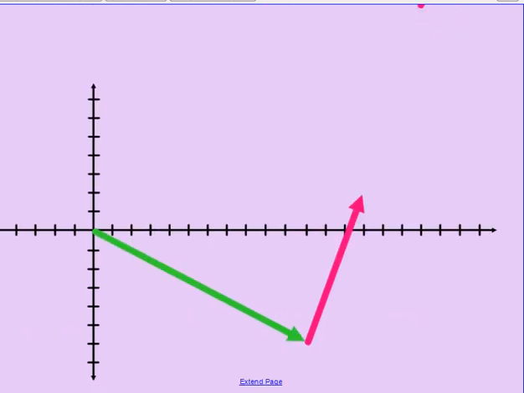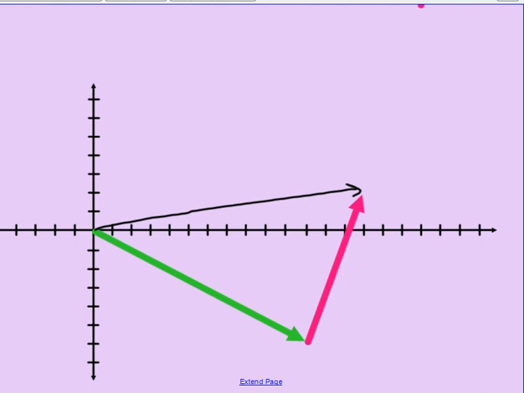What I've done is I've put these two vectors on an XY axis with evenly spaced markings, and you can see that these two vectors have been placed tip to tail. So my resultant would start out at the tail that's all by itself, which is at the origin, and would go toward that tip that's all by itself.